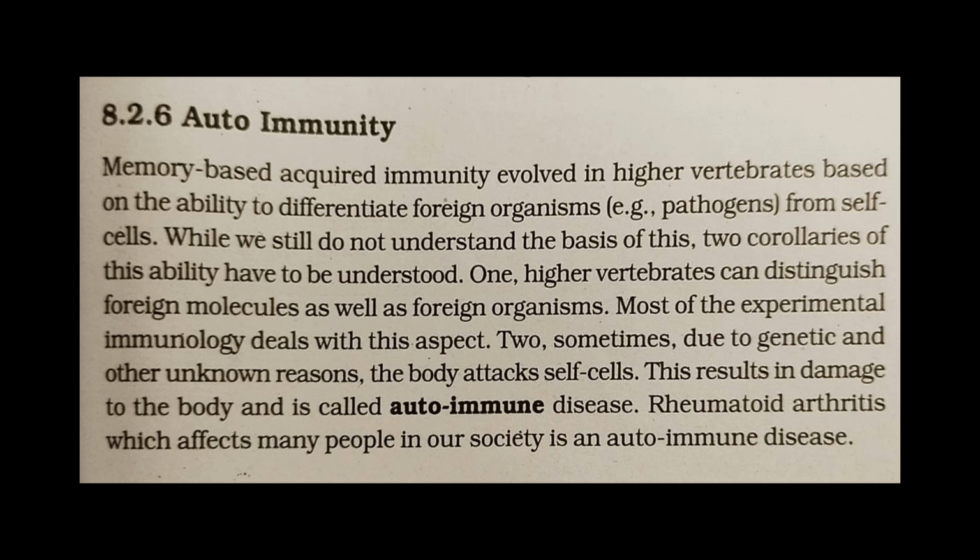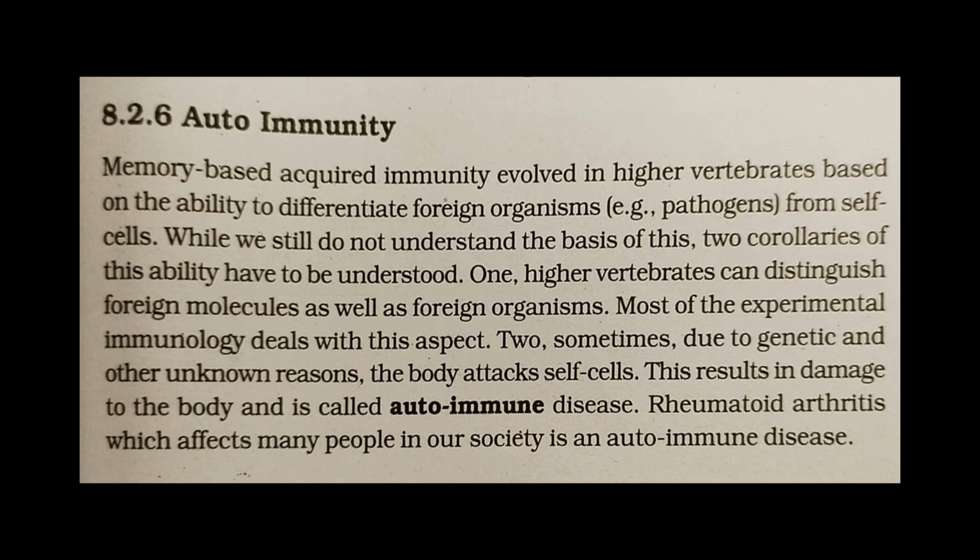Autoimmunity. Memory-based acquired immunity evolved in higher vertebrates based on the ability to differentiate foreign organisms, for example pathogens, from self cells. While we still do not understand the basis of this, two corollaries of this ability have to be understood. One, higher vertebrates can distinguish foreign molecules as well as foreign organisms.